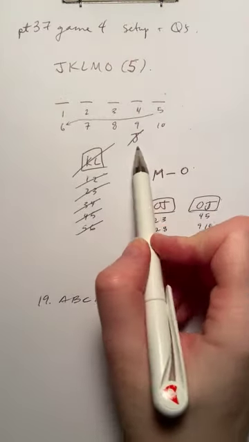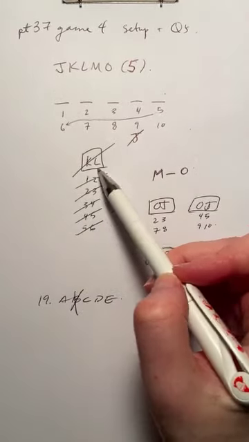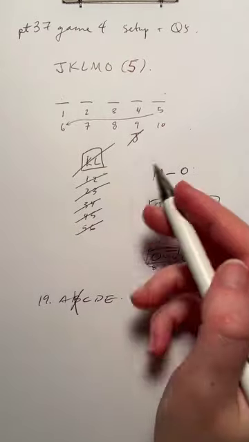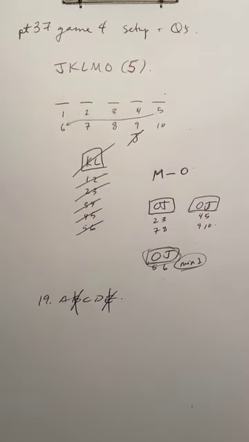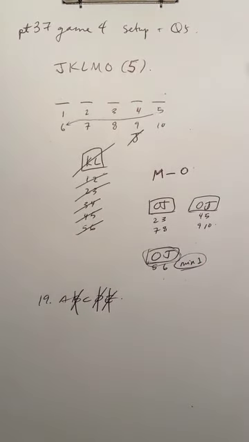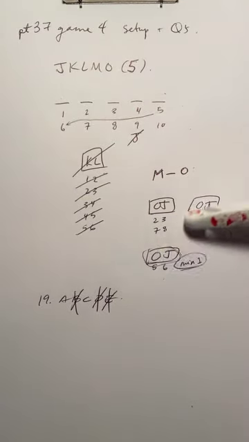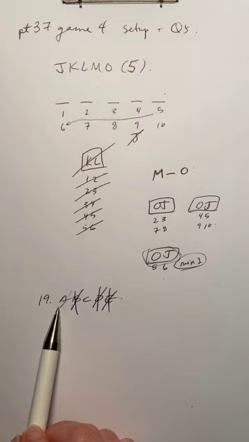So J can't be in that 4th position, so I'm eliminating B. We can't have K before L, so eliminating E. M has to be before O, so I'm eliminating D. And A and C are left over, so that's going to be where we look at our OJ situation, and A will work.